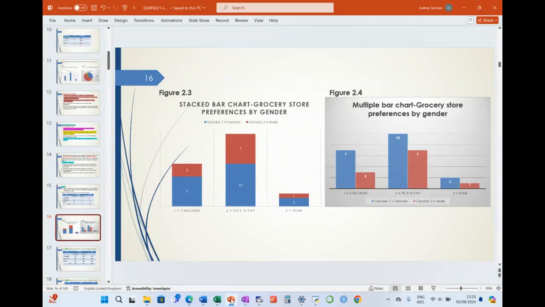Then here we have what we call a stacked bar chart. It's the same thing, but we put the males on top and the females in blue at the bottom. This is doable because we're saying how many people prefer Checkers: of males it's 7, and of females it's 3.